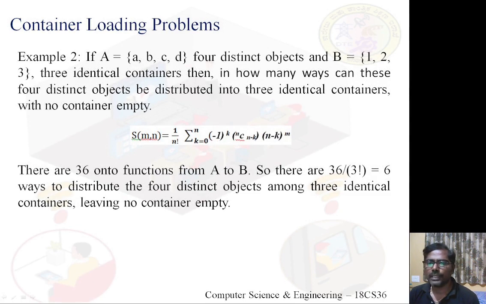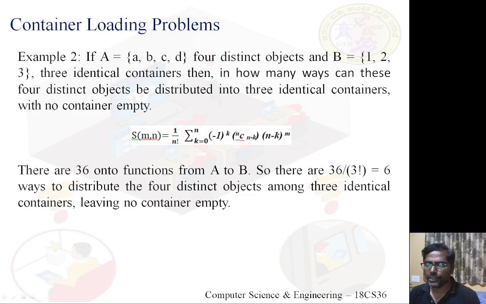Let us have a look at example 2. Here, set A consists of 4 elements A, B, C, D, representing 4 distinct objects, and set B consists of 3 elements 1, 2, 3. In this case, assume this represents 3 identical containers.